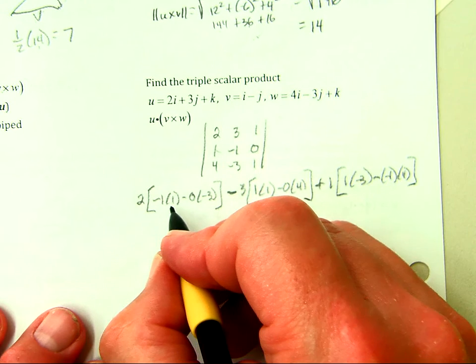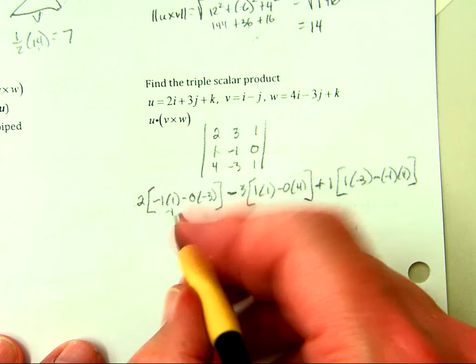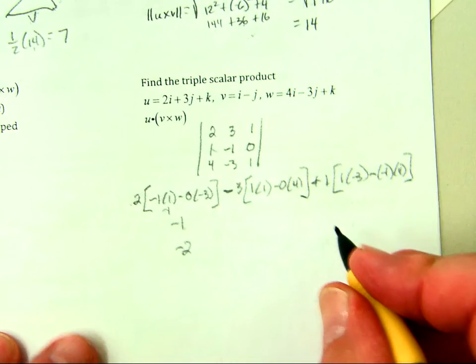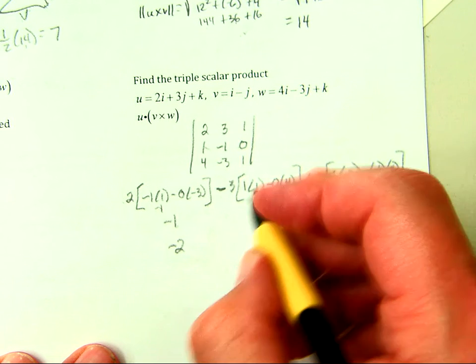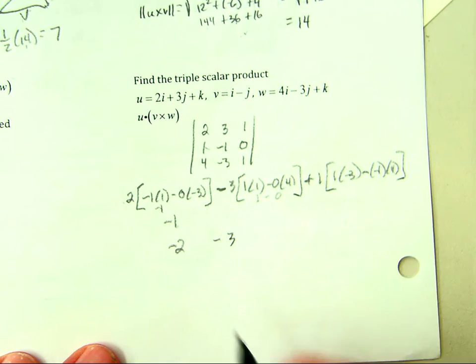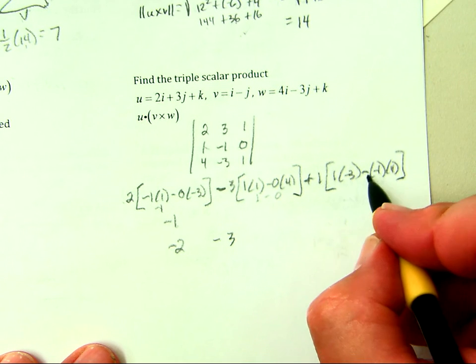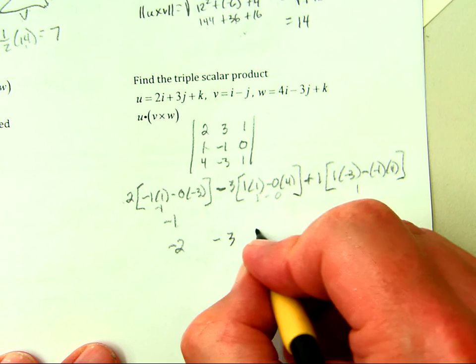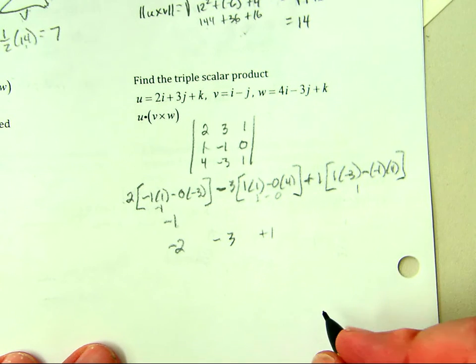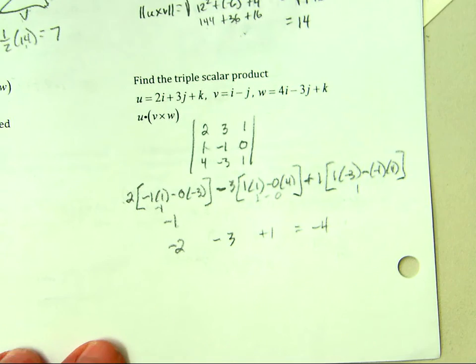So see, that's negative 1 minus 0 is negative 1. 2 times negative 1 is negative 2. This one is 1 minus 0 is 1. Negative 3 times 1 is minus 3. Here, that's a negative 3 plus 4, that's 1. So plus 1. So the triple scalar product is negative 4.